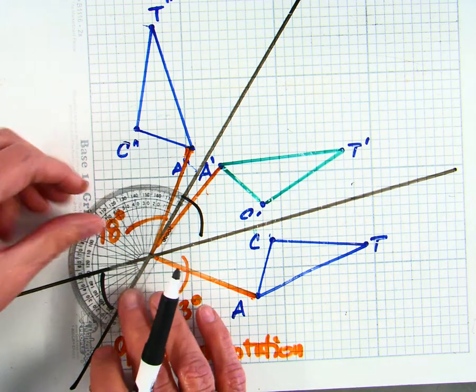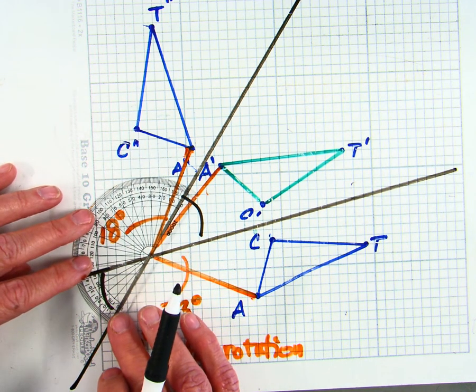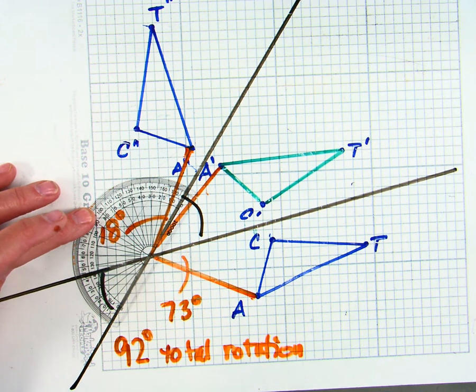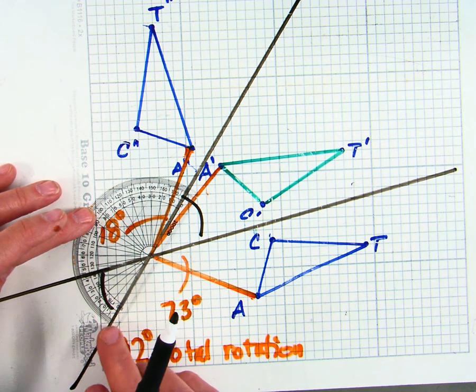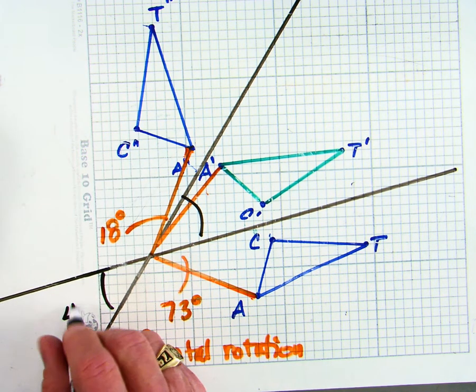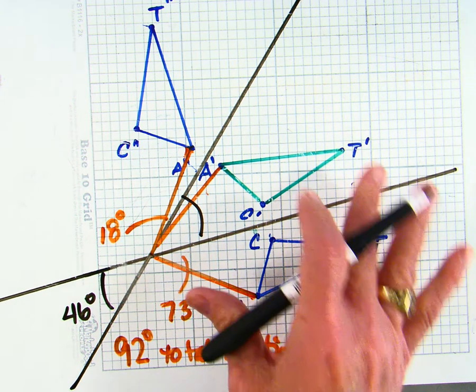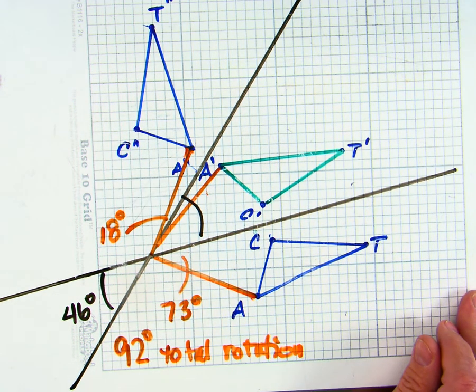I'll do the vertical because it's out here where there's not other stuff. And when I do that, I get about 46. Hey, that's weird. It's odd that it would come out so great. If you did one, it would be unusual for it to come out just perfect, but it did, which is great if you're very particular about it. Your right angles as you do things make a difference in this.